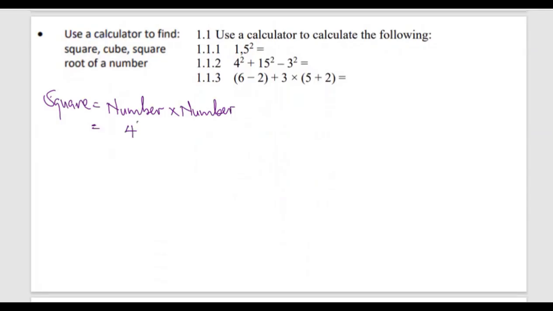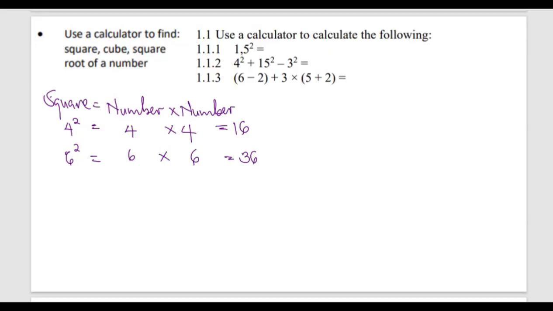We shall write it as the square of 4. So simply meaning 4 times 4. And the answer becomes 16. Let's say the square of 6. This will be 6 times 6. The answer becomes what? 36.